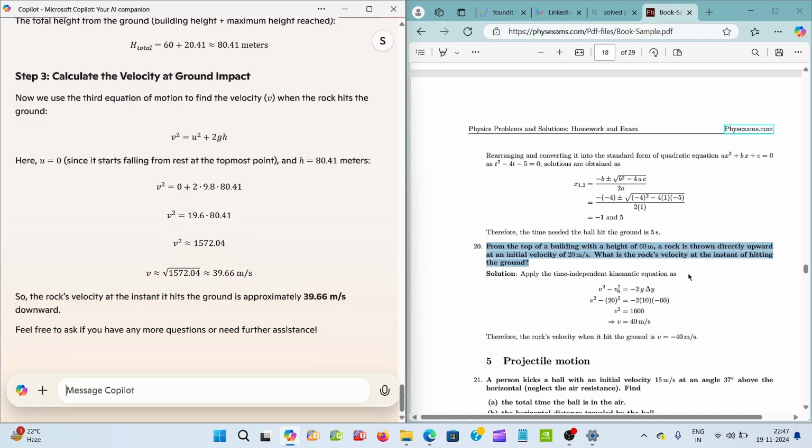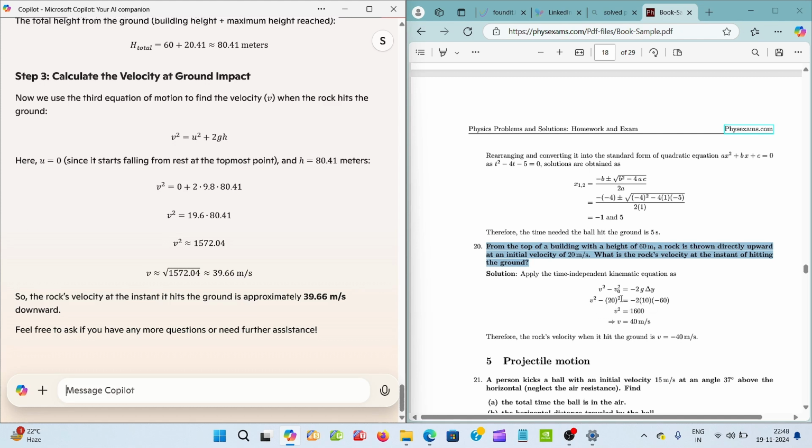Now let us see if any differences are there. Here they have used the equation v squared minus v0 squared is equal to minus 2g delta y, where delta y is the difference in height. They have taken an approximation, instead of 9.82 they have taken 10.